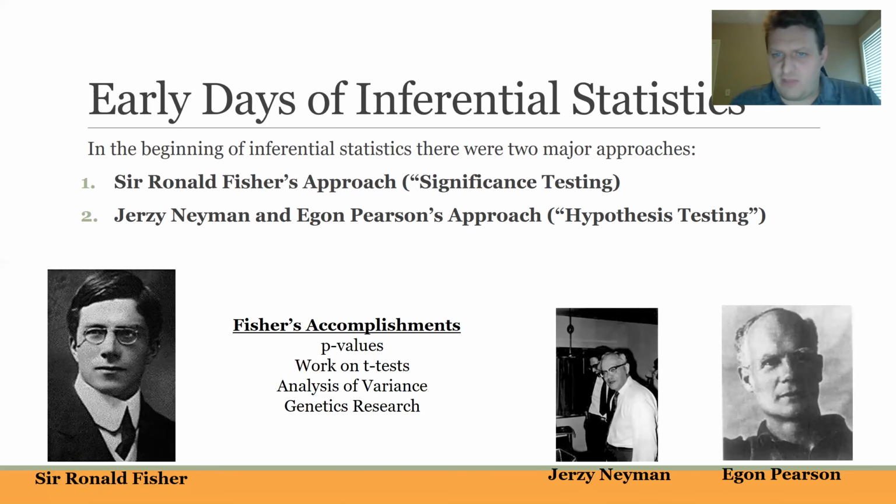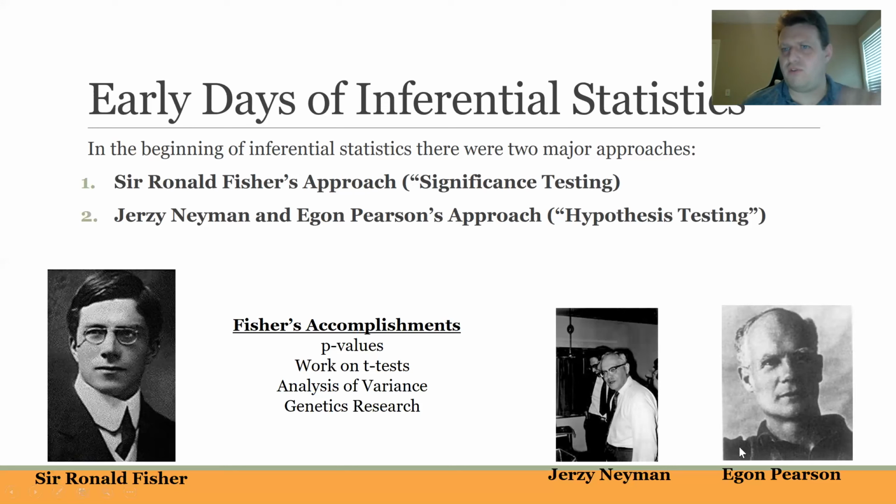All right, so Sir Ronald Fisher had his approach to solving the critical problem of inferential statistics. And there was another approach. This is the approach by Jerzy Neyman and Egon Pearson. Now, Egon Pearson had a famous uncle, and his famous uncle is Carl Pearson. And if you are familiar with correlation coefficients, you know that they are called the Pearson correlation coefficient. And they're actually named after Carl Pearson and not Egon Pearson. Okay, but the two were related to one another.